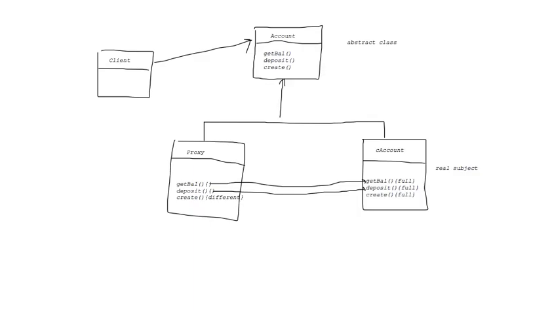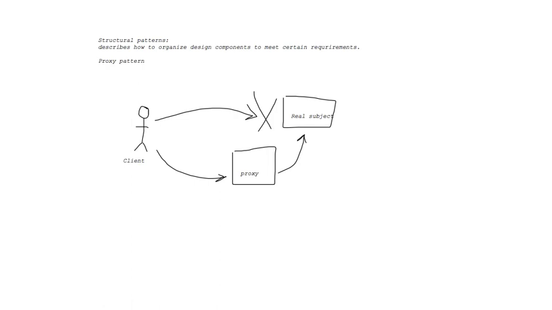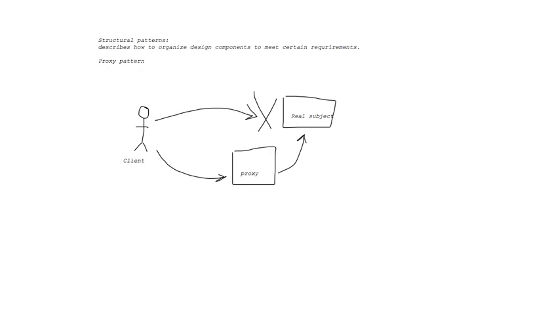The thing you have to understand is this is a structural pattern that describes how to organize the design components, or how to organize the classes to meet certain requirements. In this scenario, when we have a bank account scenario, let's say in this requirement the client is not allowed to use all the features of the account, but through a proxy, the features he has access to are limited.